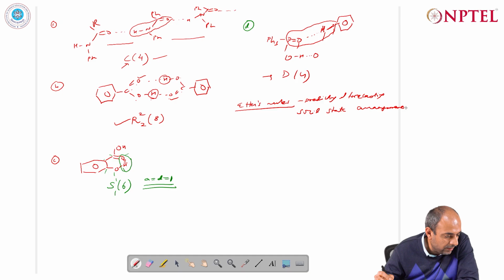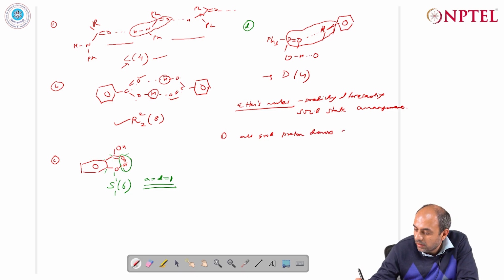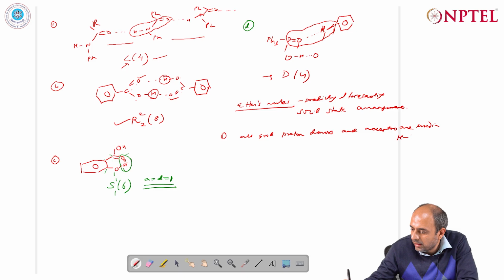And what does the Etter rule say? Number 1, all good proton donors and acceptors are used in hydrogen bonding.